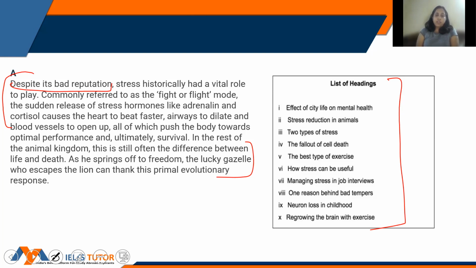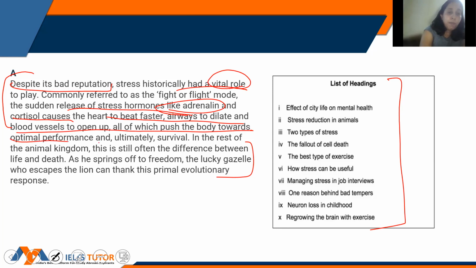So this paragraph is talking about the vital role. Then they mention here, it releases hormones like adrenaline and cortisol, causes the heart to beat faster, airways to dilate, open, and push the body towards optimal performance and ultimately survival. This is a good thing which they are talking about.